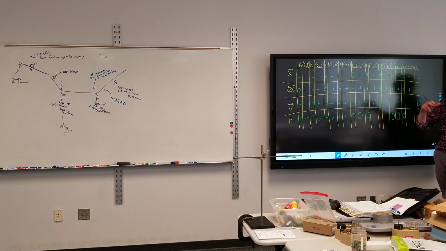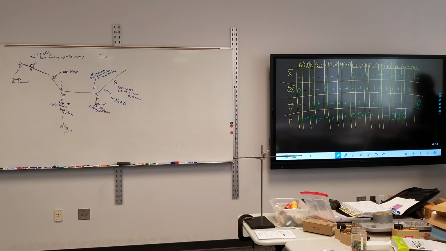So it's slowing down going up the ramp and speeding up going down the ramp. So as it's going up the ramp, it's definitely slowing down. So I jumped the gun again. So negative from F to G, slowing down, so that would be negative. From G to H, it's speeding up, so it'd be the same sign as velocity, and then turnaround point, it's just gonna be negative. And then from I to J, positive.